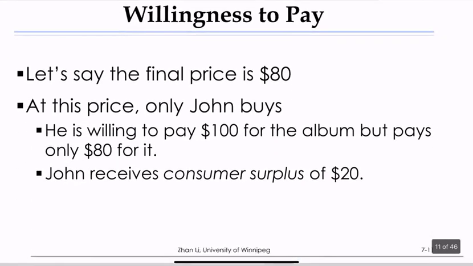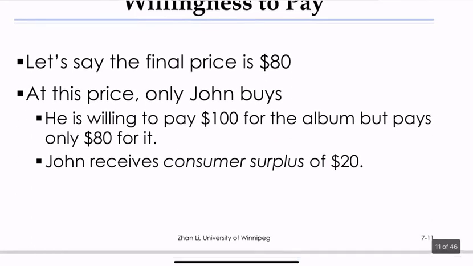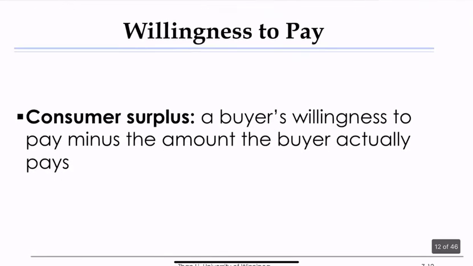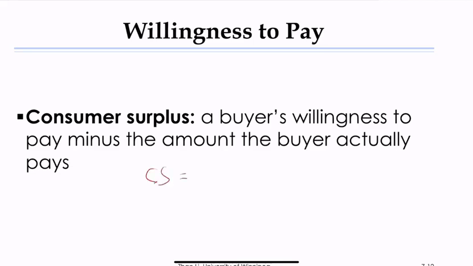So here you can see that consumer surplus is essentially defined as the difference between the buyer's willingness to pay and the price the buyer actually pays. To put it simply, consumer surplus equals willingness to pay minus price, right?